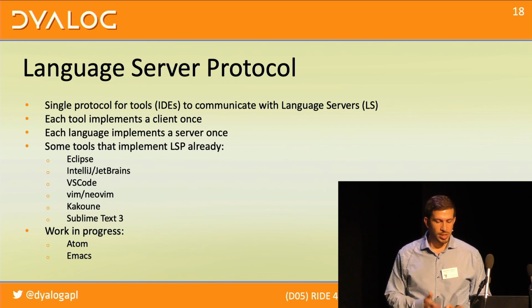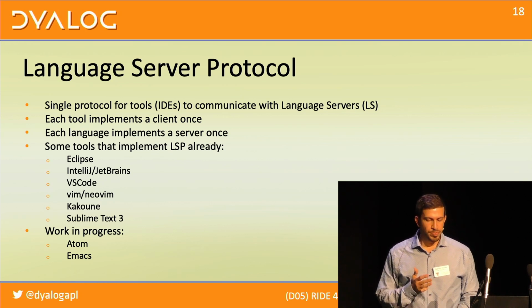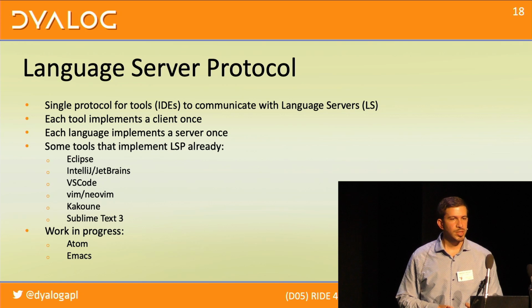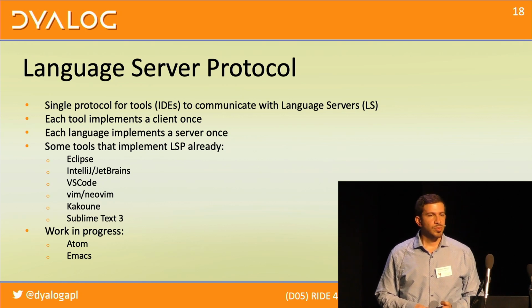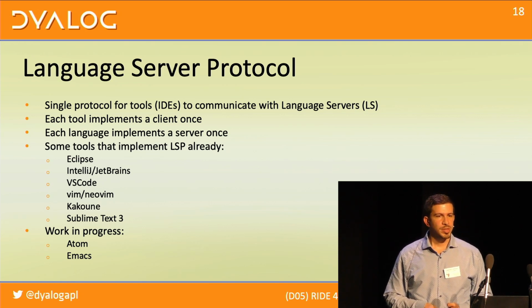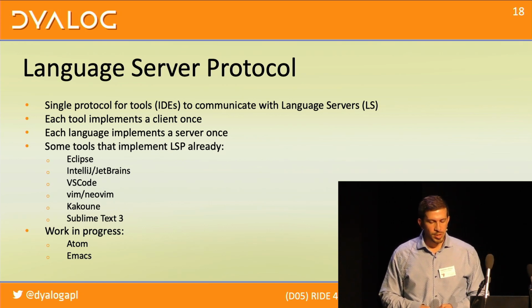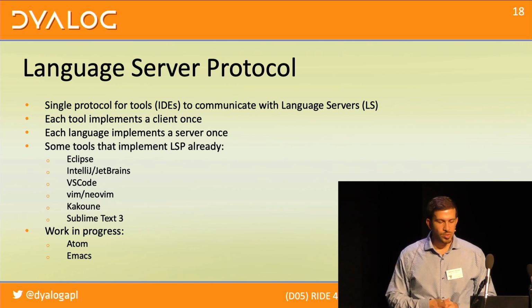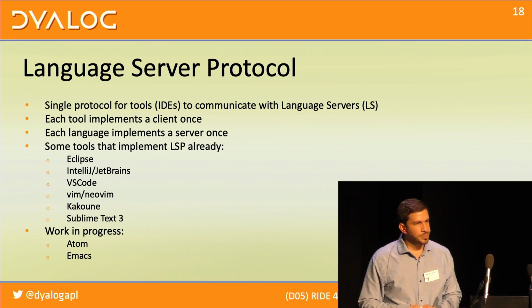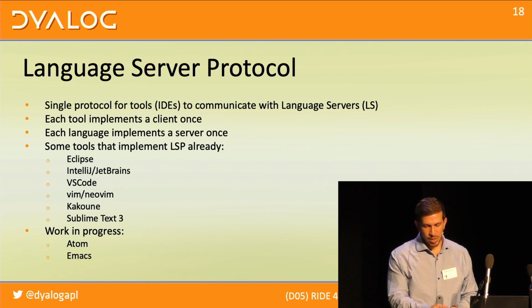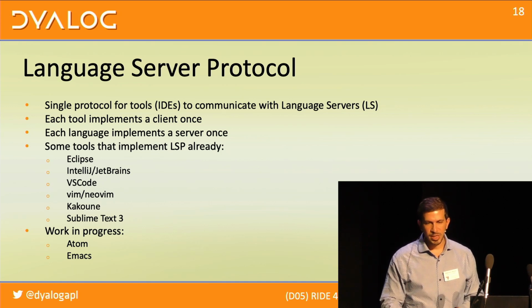So Eclipse, IntelliJ, VsCode, Vim, Sublime Text 3 are editors that already have language clients implemented. There will be some work to configure them to connect to an APL language server. But apart from that, you don't need to reinvent the wheel, essentially. And a couple of other examples, Atom and Emacs, have some work in progress to implement their own clients.